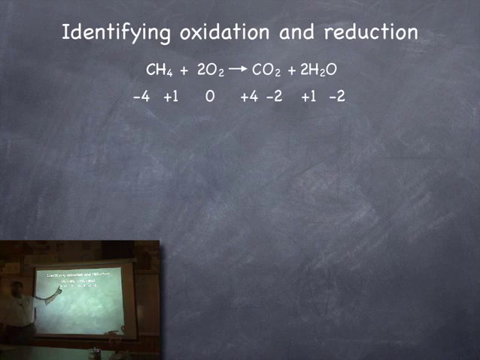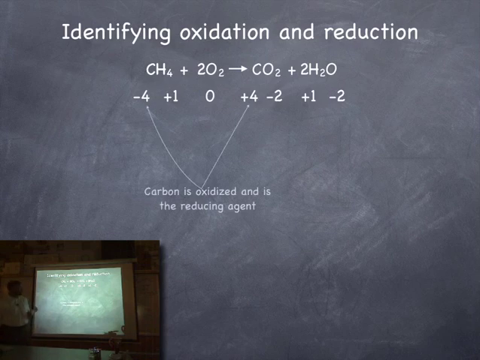We went through and assigned the oxidation numbers. Each hydrogen is a +1, so carbon has to be -4 to balance it out. Then over here, each oxygen is -2. Two of them give me a -4 altogether, so the carbon had to be +4. So the carbon, during the course of this reaction, changed its oxidation state.